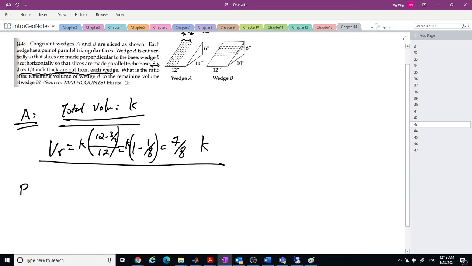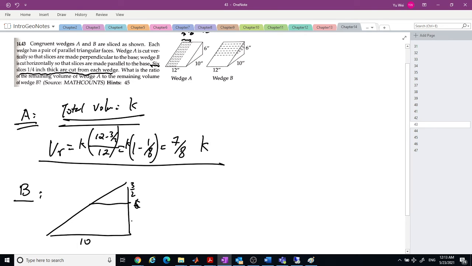Okay, now let's see what's the remaining of B. Okay, so it's the same thing. We need to draw this because it's cutting horizontally, right? So here is the 10, here is the 6, right? So we know we cut into the 2/3 piece, right?